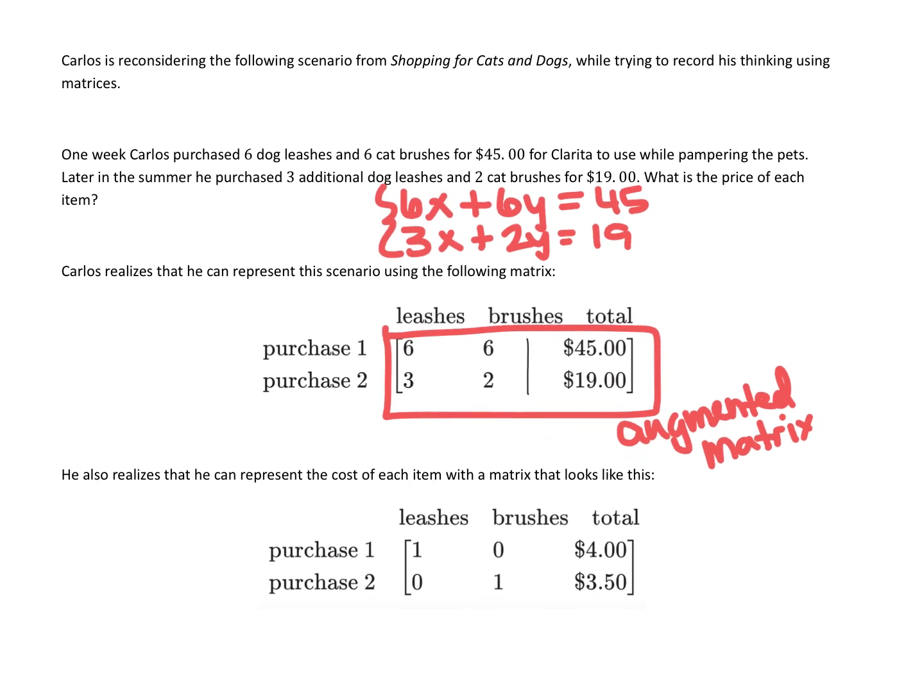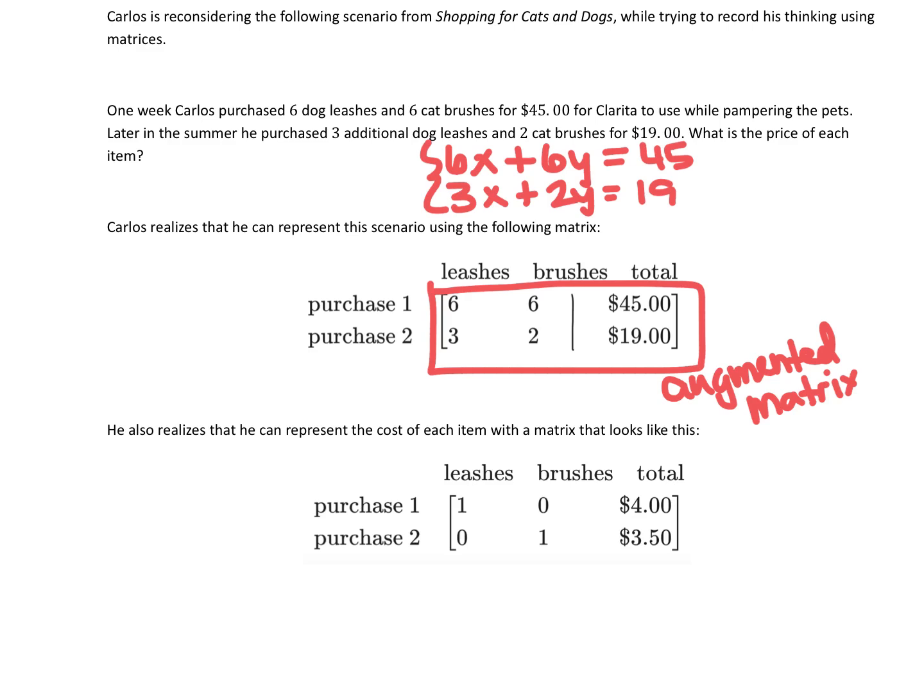Okay. So he also realizes that he can represent the cost of each item with a matrix that looks like this. So this matrix here is representing the cost of each of the individual items. And it actually has a special name.